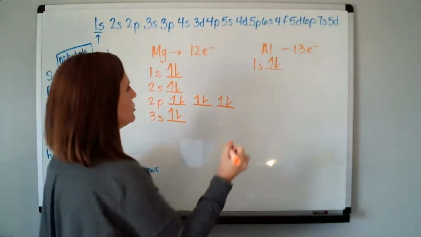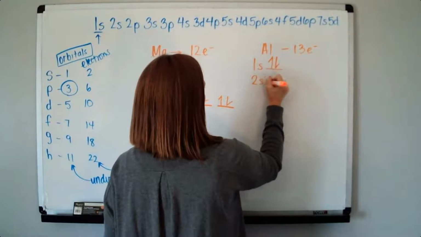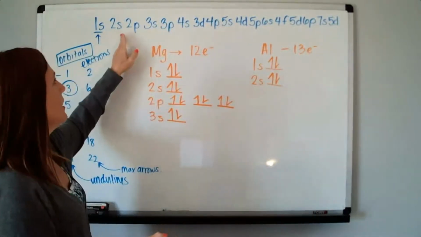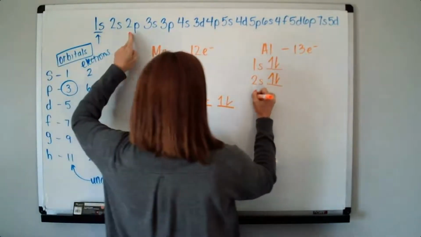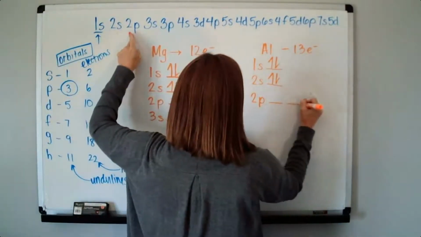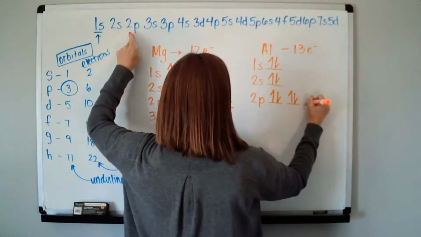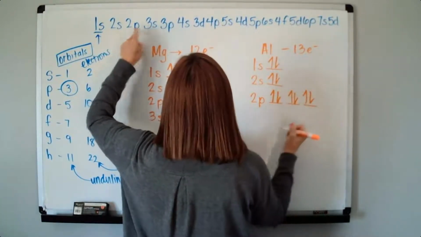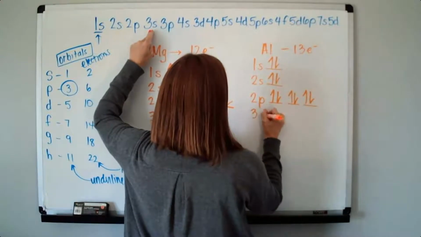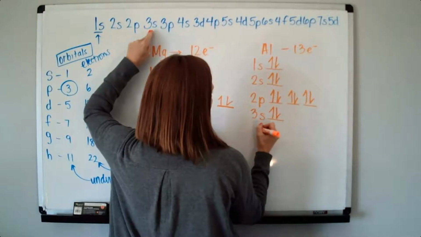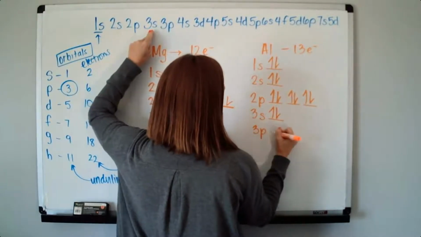And now we have 2s, again with 2 electrons in it. Next comes 2p, and it has 6 electrons in it, followed by 3s, has 2 electrons in it, and finally 3p.